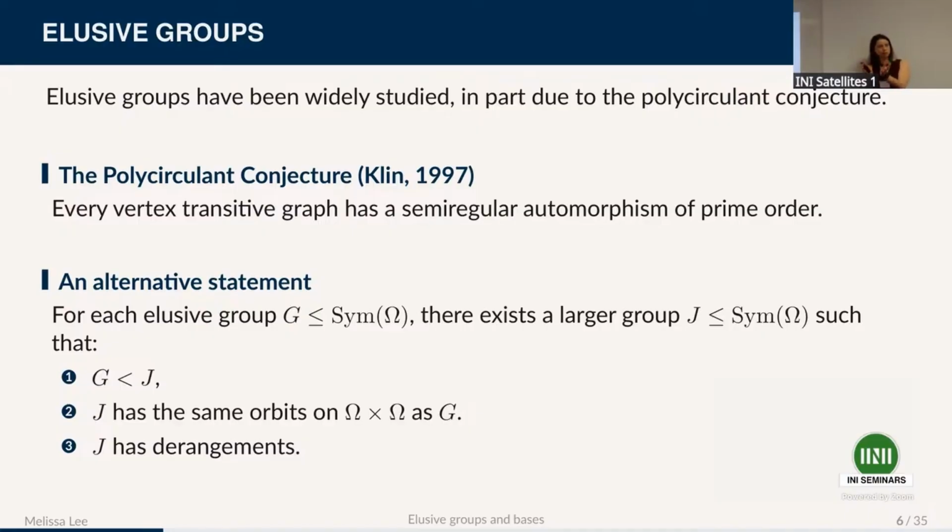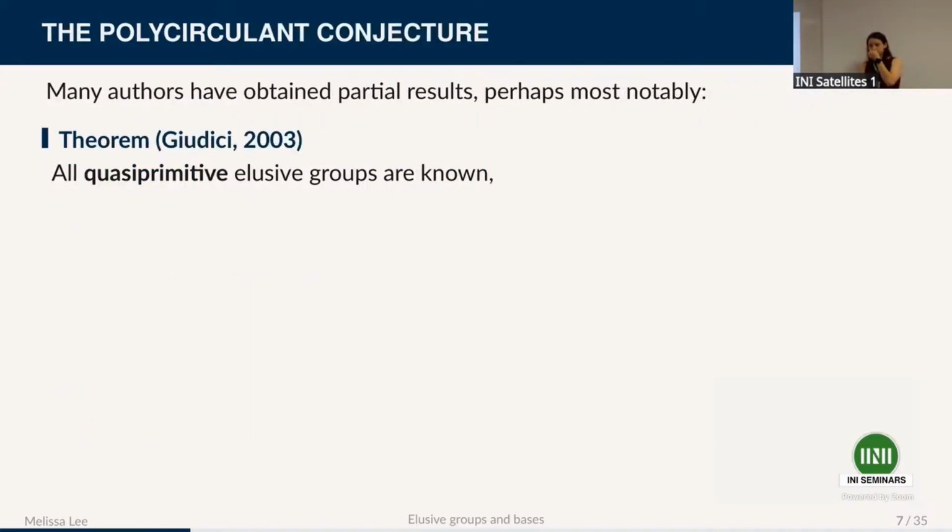So somehow if you've got an elusive group on n points, then you can always go up a bit and find a bigger group that has derangements with the same orbits on this direct product here.